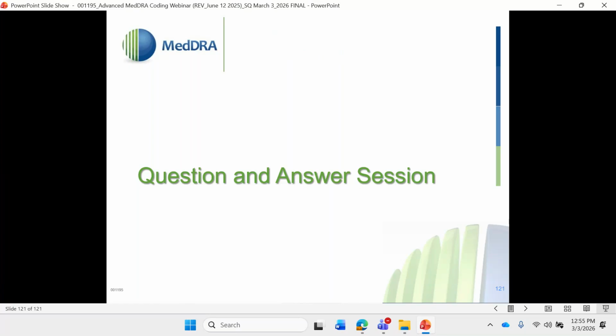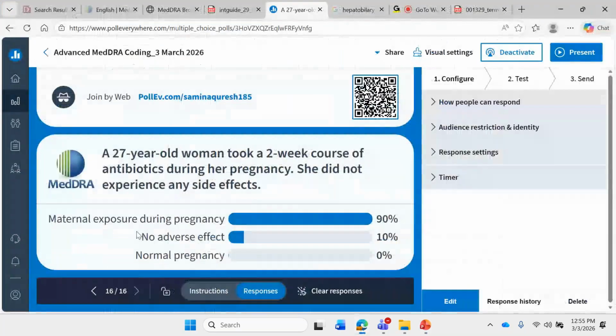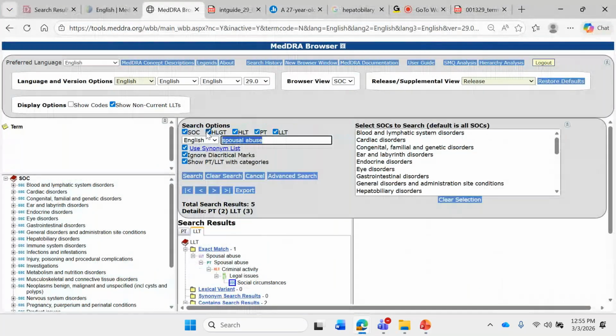Great. Our next question asks, is the coding good enough as long as we come to the same PT, even if the LLT is not quite correct? I am asking because of the deliberate overdose versus intentional overdose example. Okay, let me show you. Well, sometimes it doesn't really make a difference. Other times it's better to be more precise. So let's see, deliberate overdose. Okay, so deliberate overdose, the PT is intentional overdose.